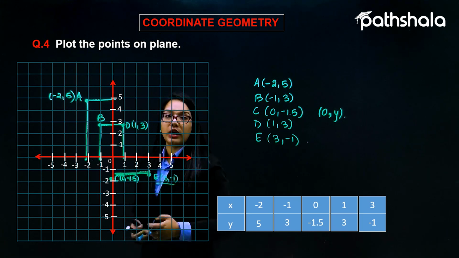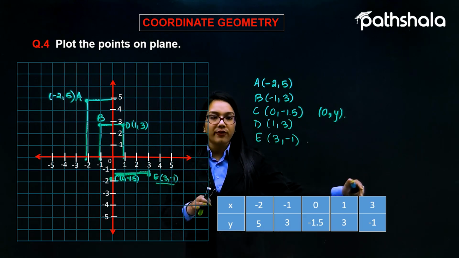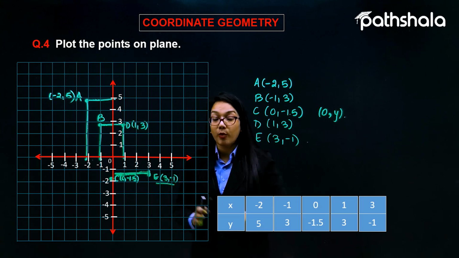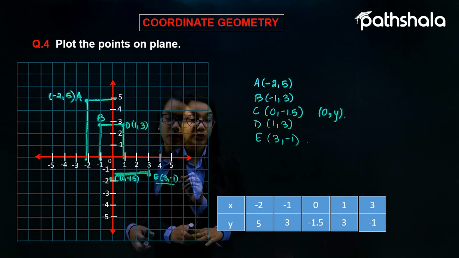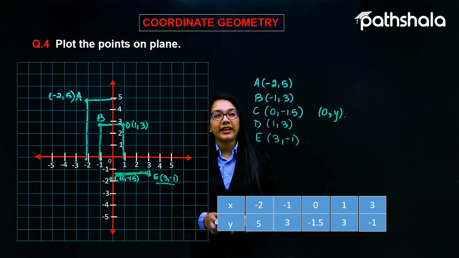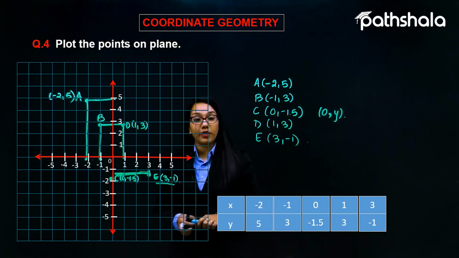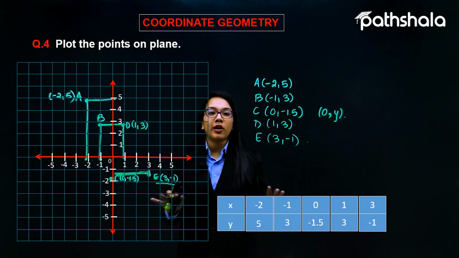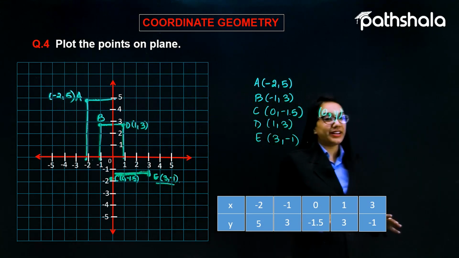So this is all about plotting points of this form on the Cartesian plane, or the XY plane. I hope the concept of plotting the points on the plane, given in ordered form, is all clear to you. This is the end of our chapter, coordinate geometry.